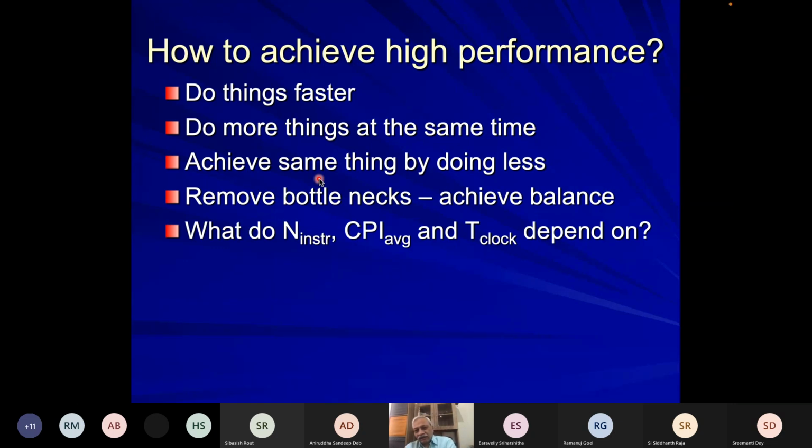The basic expression for finding computation time of a program or a benchmark for a processor, we had defined in terms of the number of instructions being executed, the average CPI, and the clock period. But what do these things depend on?